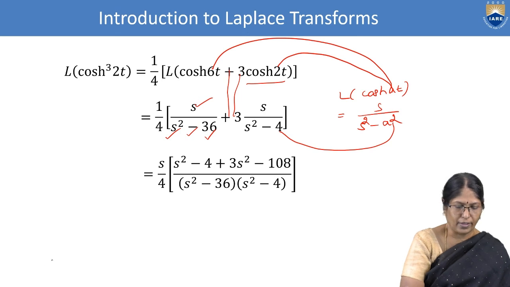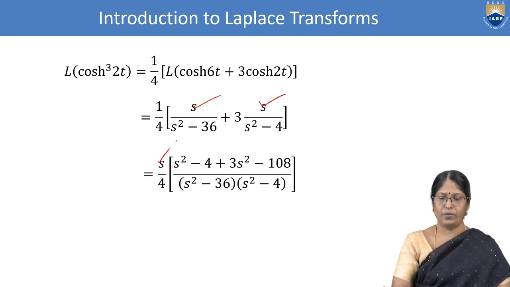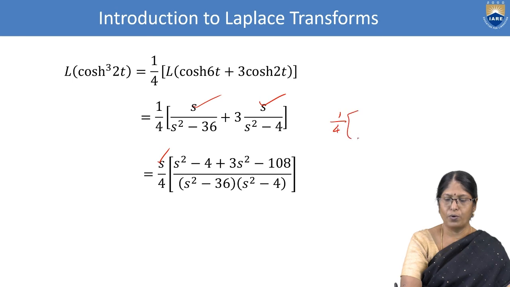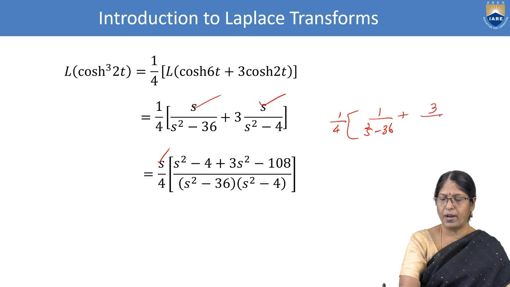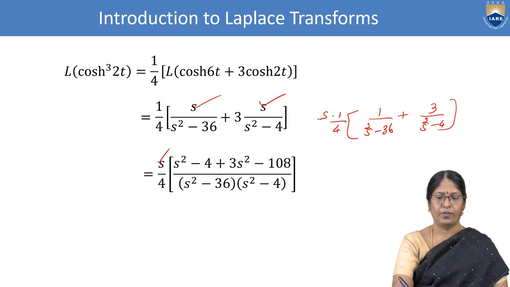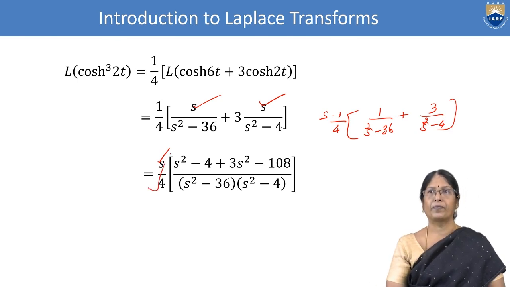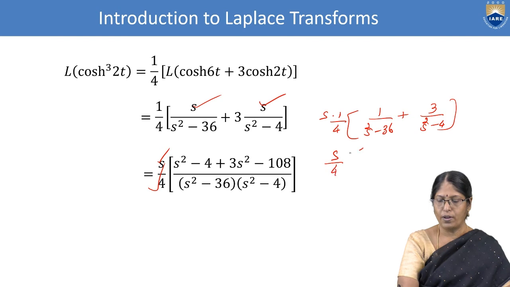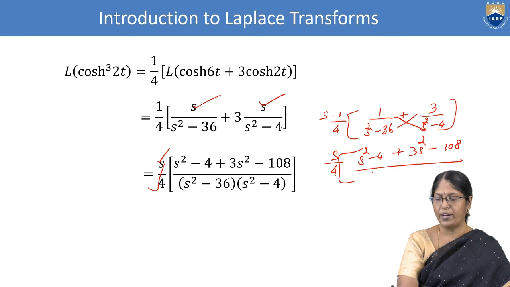Now we have taken s out. So 1 by 4, s times 1 by s square minus 36 plus 3 by s square minus 4. Next, we will take the LCM. So s square minus 4 plus 3 into s square minus 108, divided by s square minus 36 into s square minus 4.